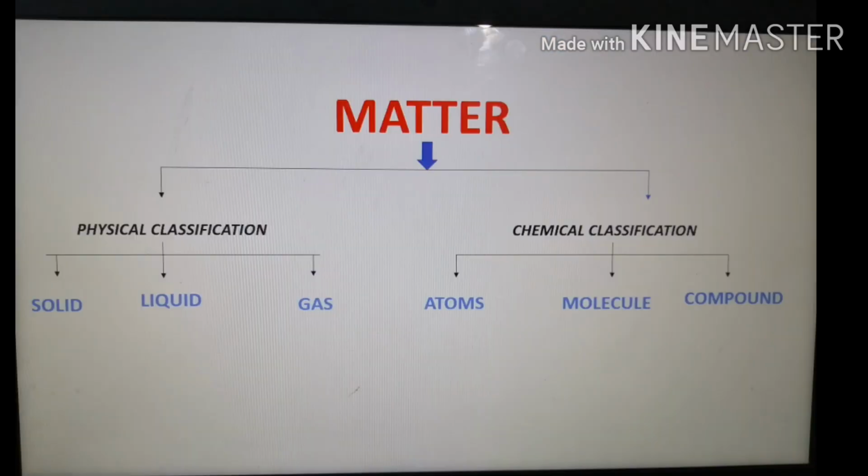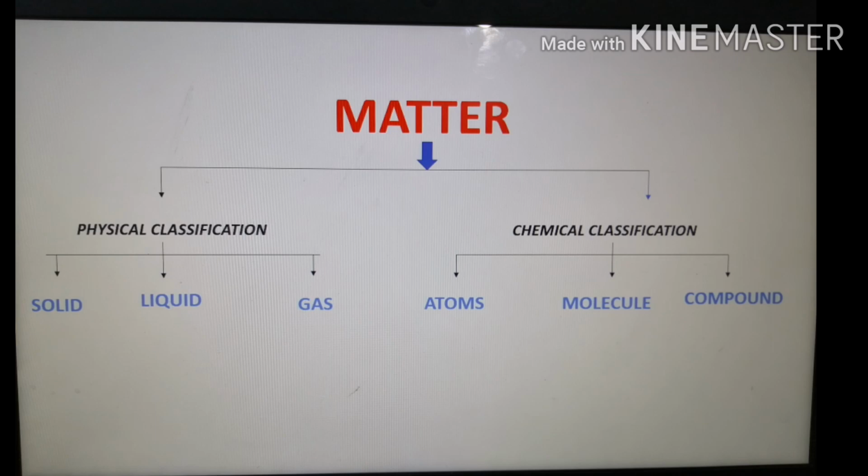But now the modern scientists classify matter into two broad categories based on their physical properties. The first one is physical classification and the second is chemical classification. On the basis of physical classification, matter can be classified into three categories: solid, liquid, and gas.